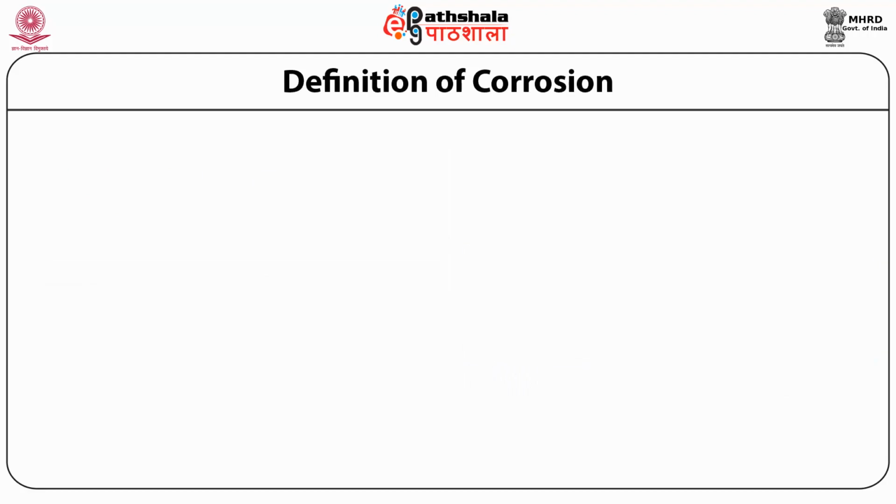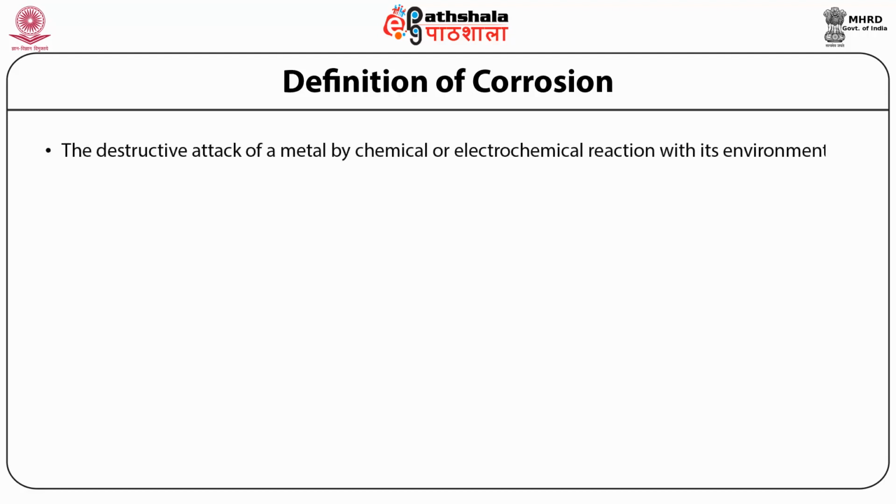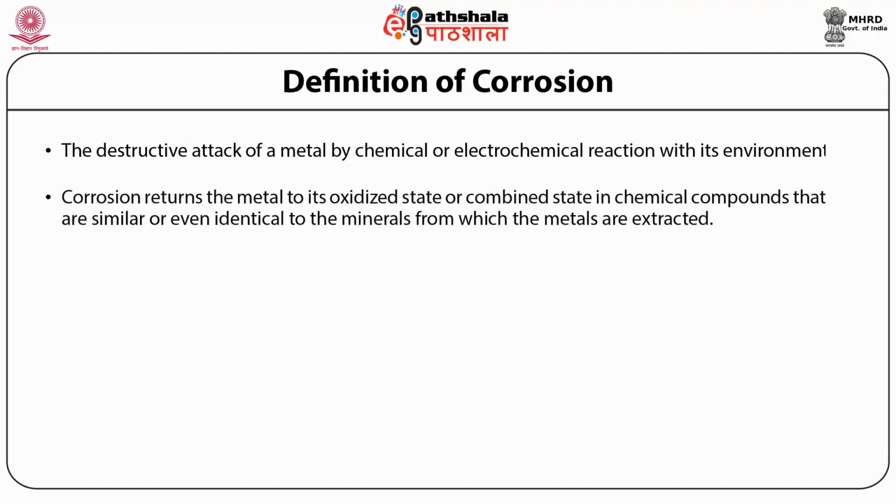Continuing our discussion, corrosion is the destructive attack of a metal by chemical or electrochemical reaction with its environment. Corrosion returns the metal to its oxidized state or combined state in chemical compounds that are similar or even identical to the minerals from which the metals are extracted.